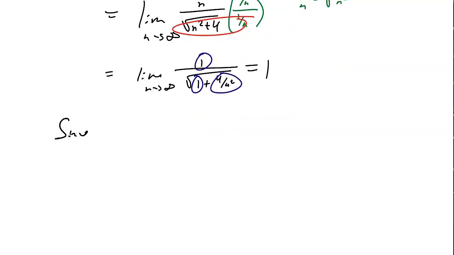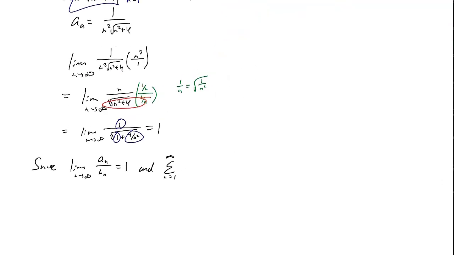So since the limit as n approaches infinity of a sub n over b sub n is 1, which implies that it is finite and positive. And the one that I came up with, what was it, a p-series?